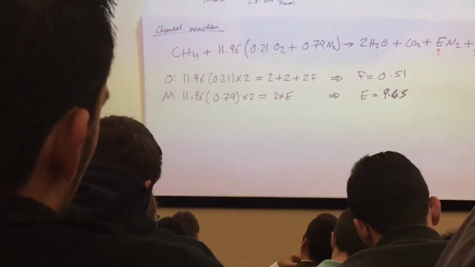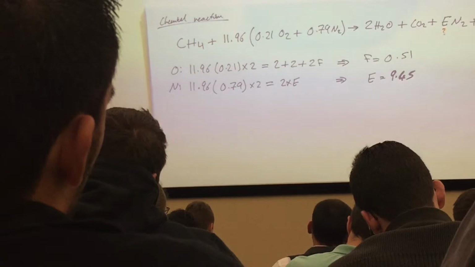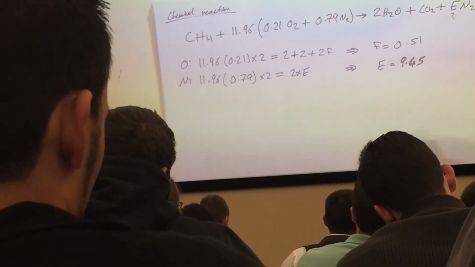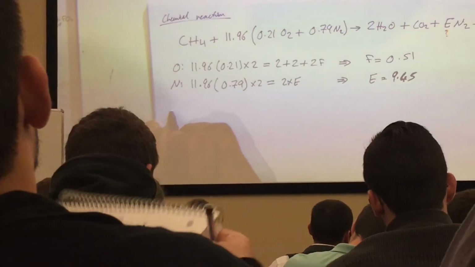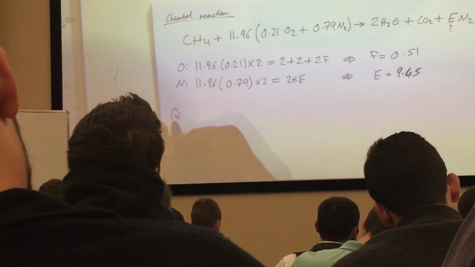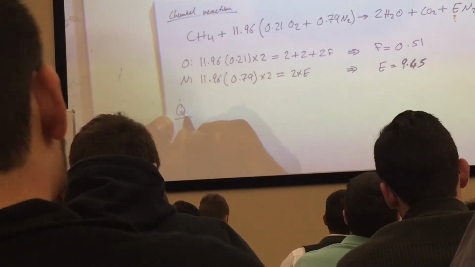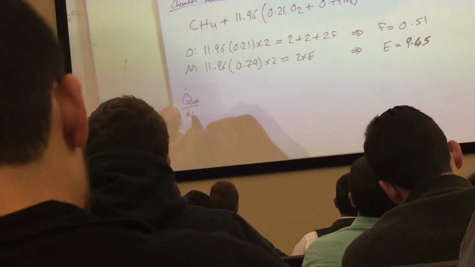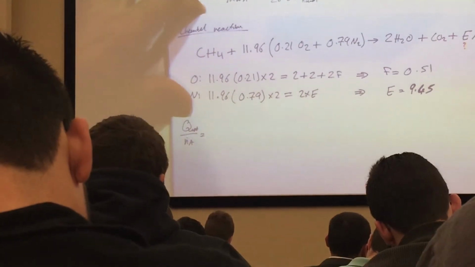Okay, so now I've got all my coefficients for my chemical balance equation. If I want my heat of formation, I have to go and plug it into that equation that we wrote earlier. So I'm going to write it again here. Q over Na is equal to, let me just pull it up.